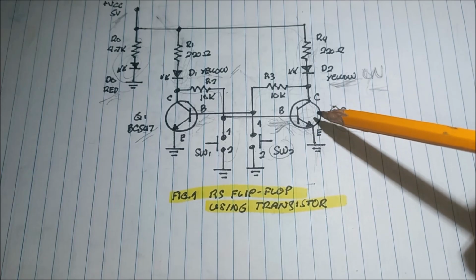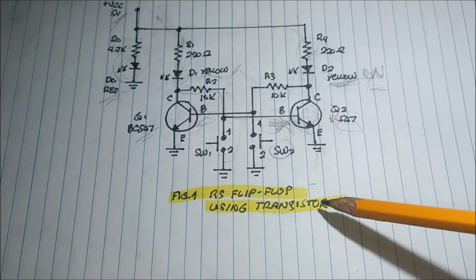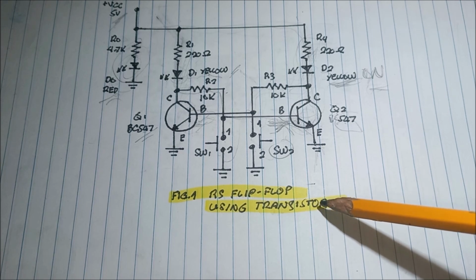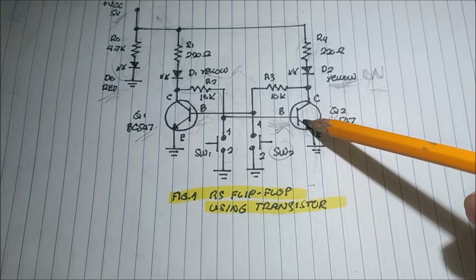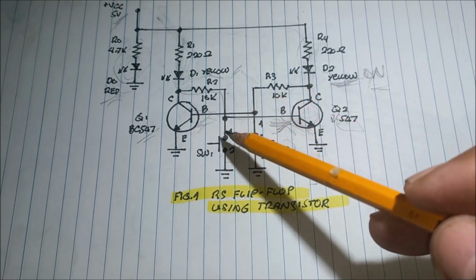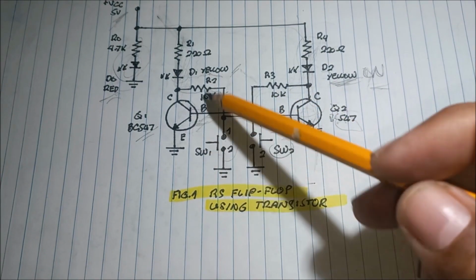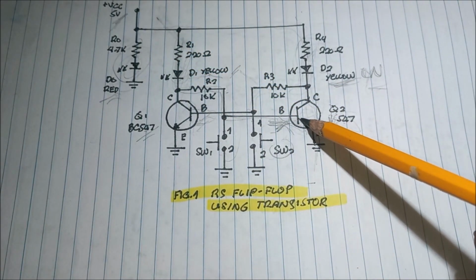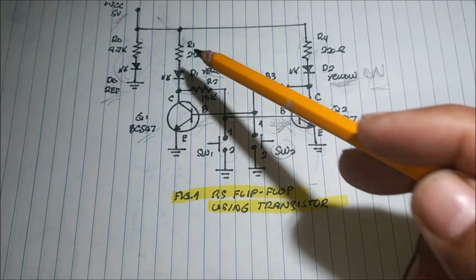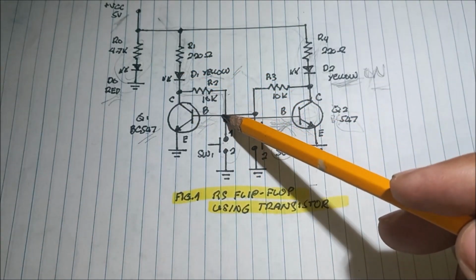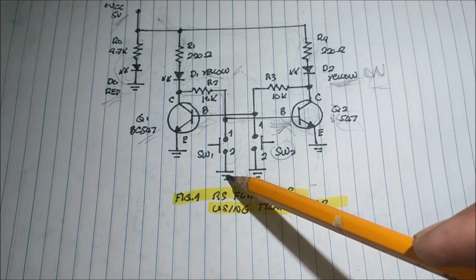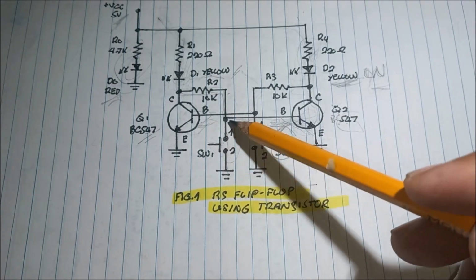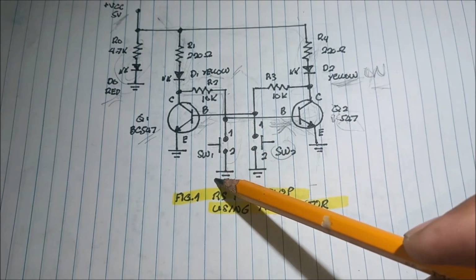How can we turn off this transistor? We can turn it off by pressing switch 1. Since the current flows here to the base, if we press switch 1, the current will now connect to the ground, pulling down to the ground.